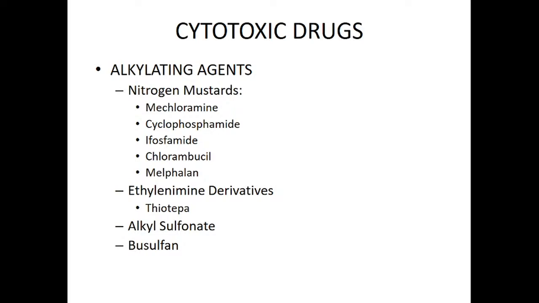Then, is there any way you can reduce or minimize the risk of hemorrhagic cystitis? That is another question that is very commonly asked. Yes, because the metabolite acrolein that is formed can be neutralized by giving any compound which has a SH group in its chemical structure, and the compound that we use is called mercaptoethane sulfonate, MESNA.